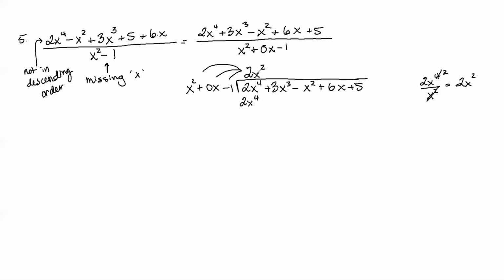Now, 2x squared times 0x. If you see how here in our next spot, we need an x cubed. So x squared times x is x cubed. But be careful with the numbers. 2 times 0 is 0. If we didn't have this missing term here, if we'd left this 0x off, we wouldn't have had an x cubed term, so you would have had to put your next term over here, but you still have to bring down this 3x cubed.